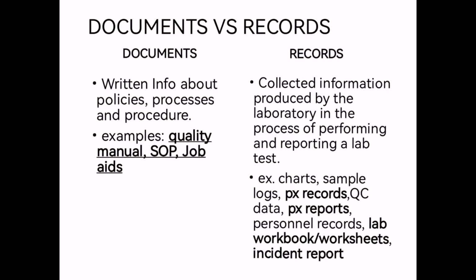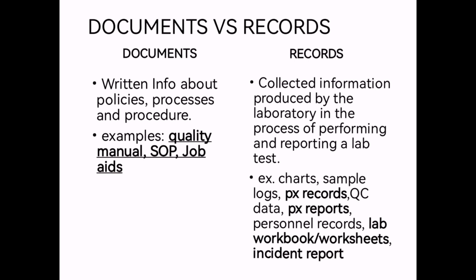Why? Remember, documents and records. Magkaiba ang documents kaysa sa records. So, documents are written information about policies, processes, and procedure. Examples are quality manual, SOP, and job aids. So, remember, kapag sinabi natin documents, these are written information about the processes and procedure inside the laboratory. While the records, these are collected information produced by the laboratory in the process of performing and reporting a lab test.